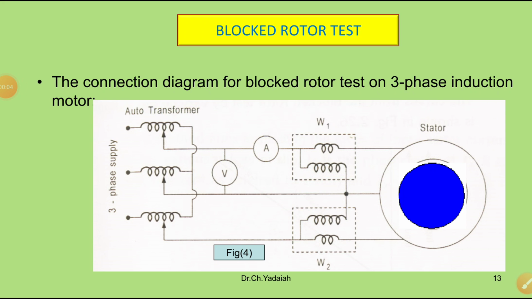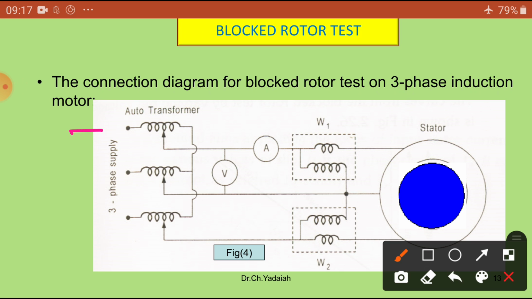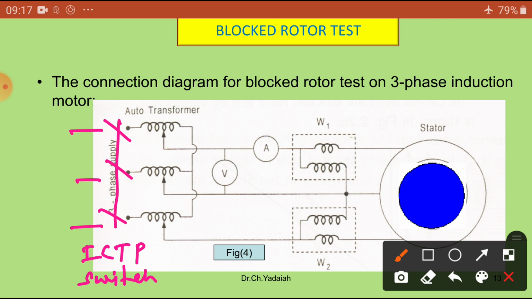Now, based on this short circuit test, as we have seen in previous classes, here we give the rated current. This is the ICTP switch, with R phase, Y phase, B phase, the 3 phase supply.